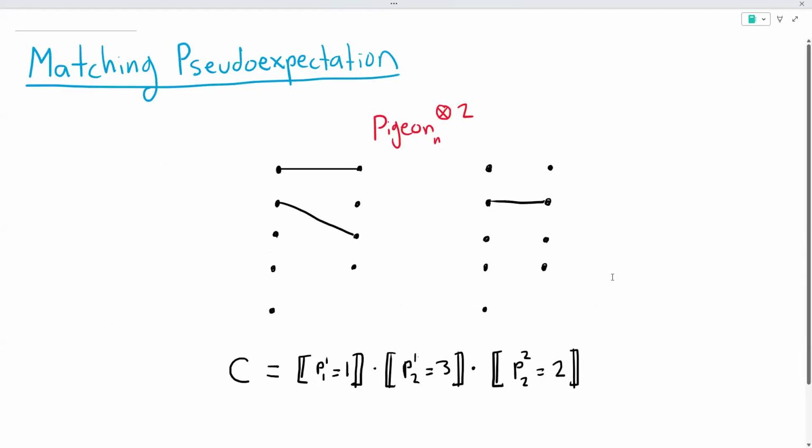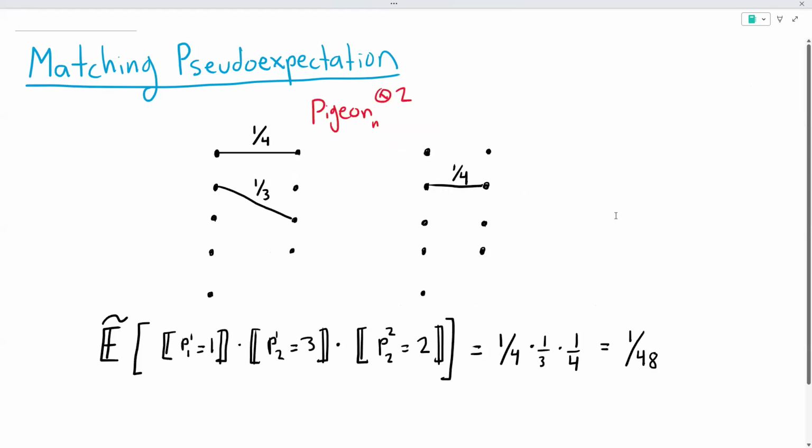So now with the remaining few minutes, let me introduce the candidate pseudo expectation, which we prove is good, and I'll define it by example. So here's a conjunction which reads that pigeon 1 in the first pigeonhole instance maps to hole 1. Pigeon 2 in the first pigeonhole instance maps to hole 3. And in the second pigeonhole instance, pigeon 2 maps to hole 2. So how will we assign it a value?